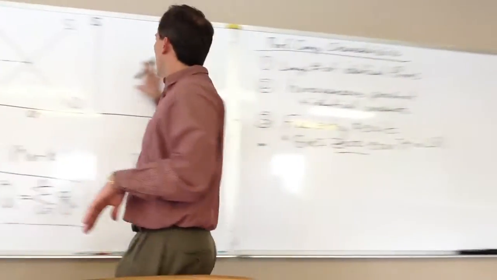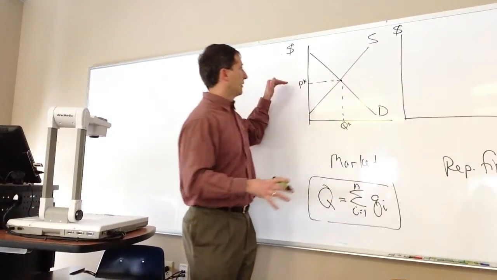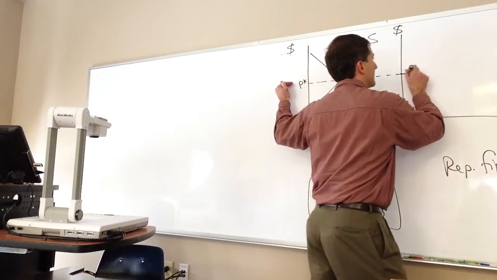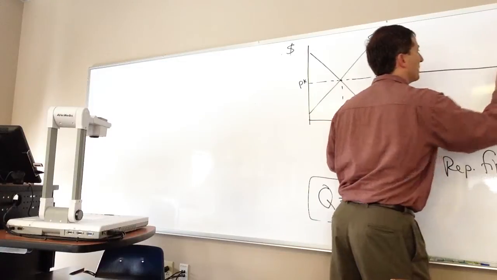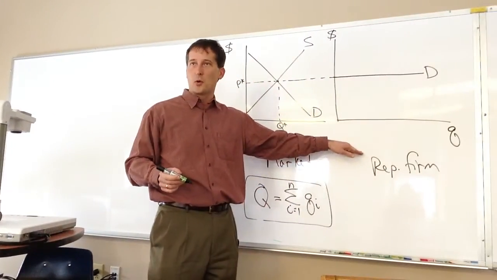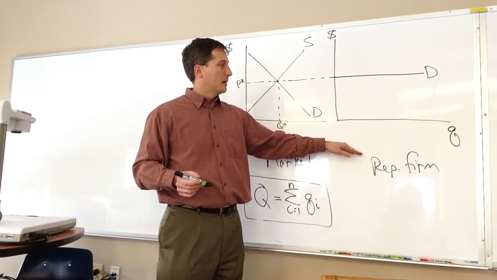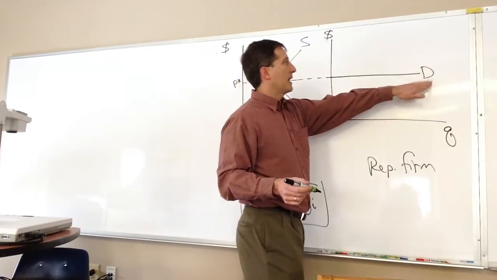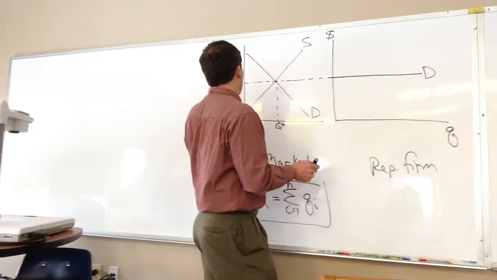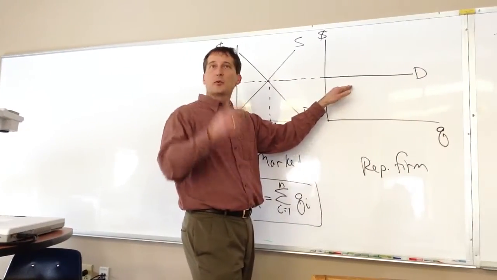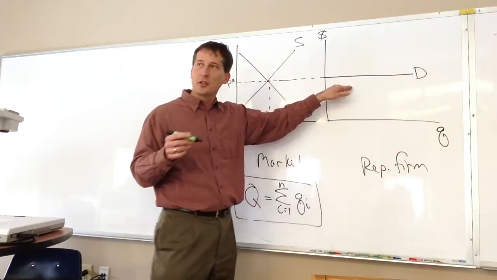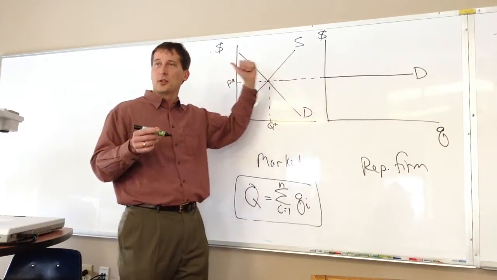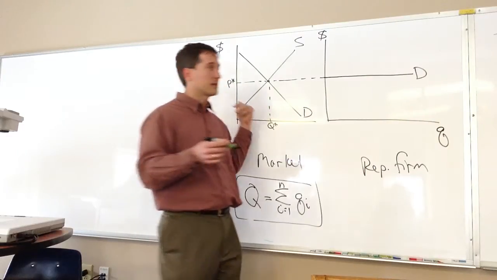So the rest of this picture: the firm is a price taker. Whatever the market price is now represents the demand curve for Farmer Joe's corn. The demand curve being flat at the given market price meant that the revenue generated by each additional unit was also constant and equal to the market price.